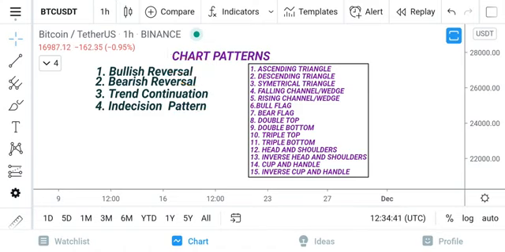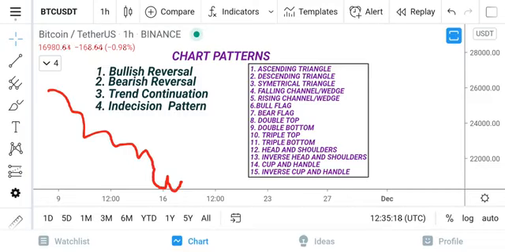So what is a bullish reversal chart pattern? A bullish reversal chart pattern will indicate to you that the price has been in a downtrend for a while, that the price has been going down. Once you notice a bullish reversal chart pattern, it's telling you that the trend is likely to reverse towards the upside.